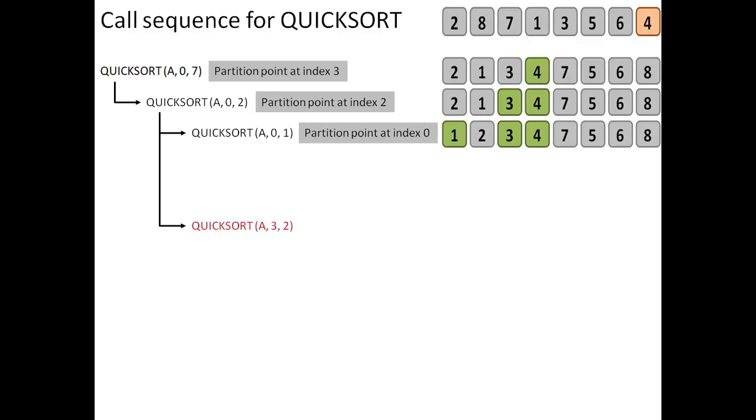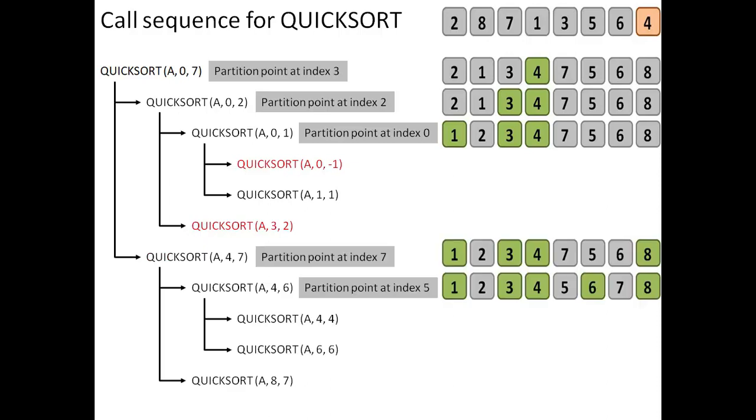It will also call the quicksort procedure for the indices 0, minus 1 and 1, 1. In both the calls, nothing will happen as neither 0 is less than minus 1 nor 1 is less than 1. In a similar way, the rest of the calls to the quicksort algorithm get executed and we get a sorted sequence at the end.